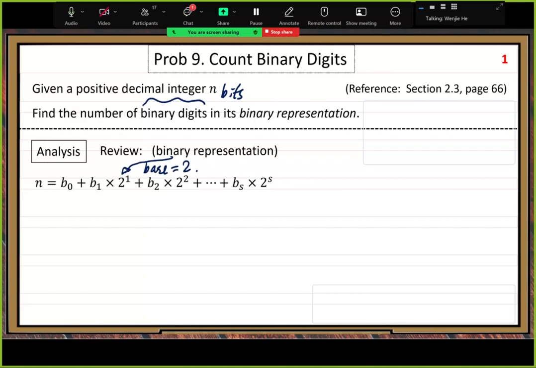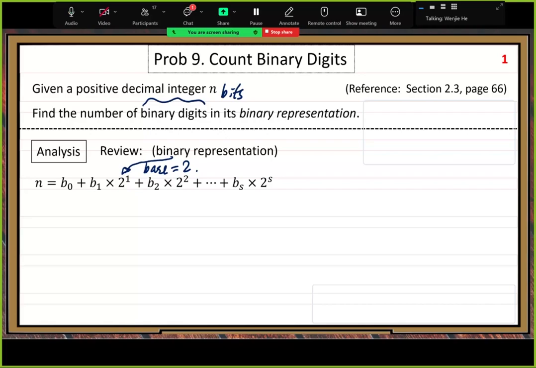For ternary, we change the base to 3. And in this way, we can use any base K, with a similar representation for K-ary representation.